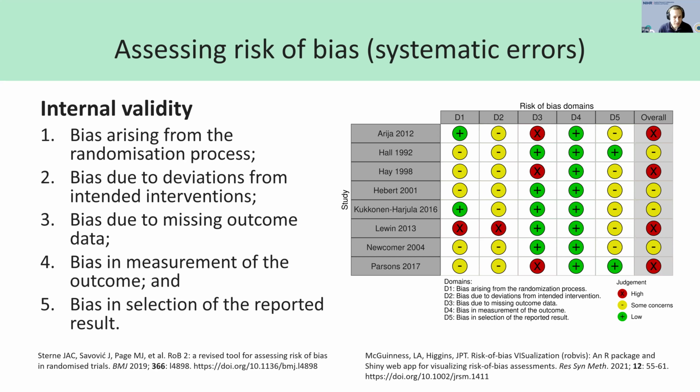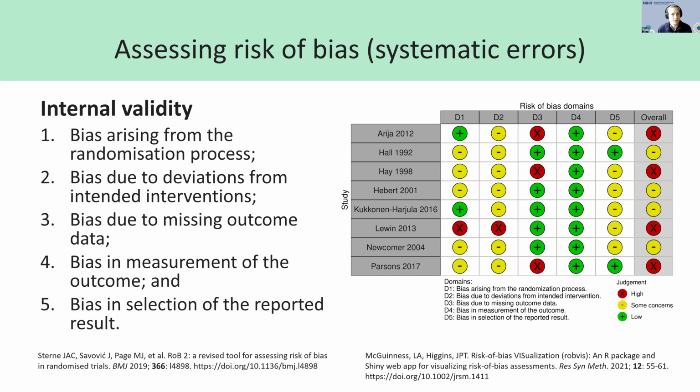Bias due to missing outcome data. So, for example, if a number of people have had their outcomes lost from one group, perhaps because they didn't like the intervention, then that's likely to bias your outcomes because they may be systematically different in other ways. Bias in measurement of the outcome.